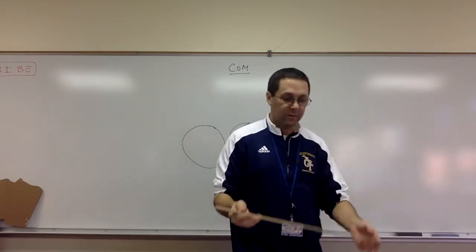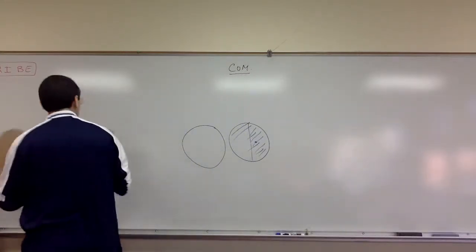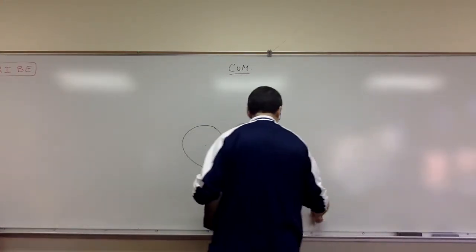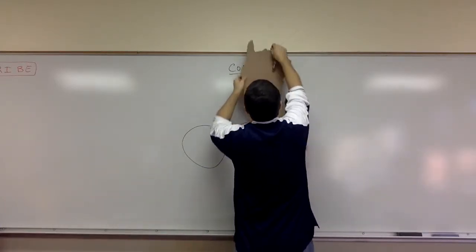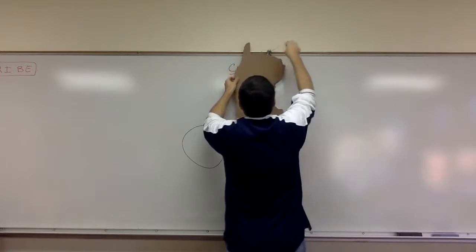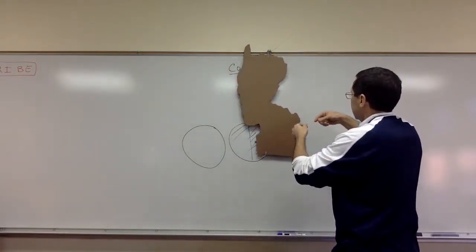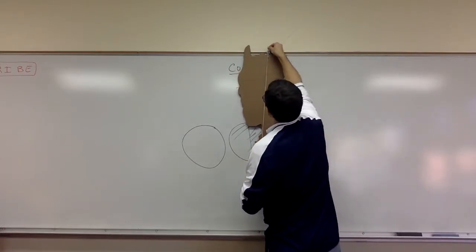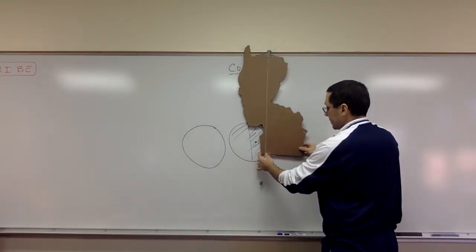All right. For a 2D object, what you do is you hang it from different places. So you probably recognize what this is. And you take a plumb line, a weight, and you just let it hang.